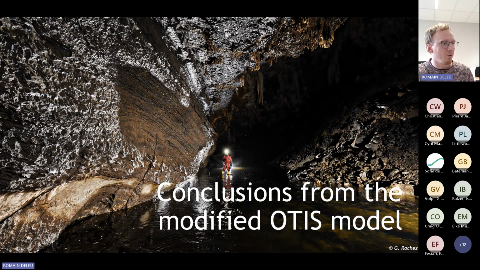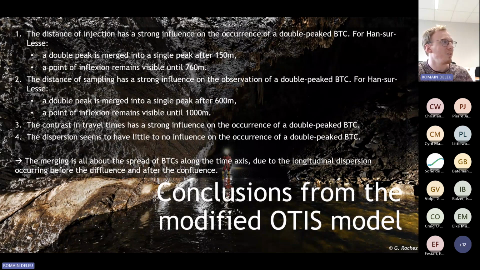So the conclusion from this modified Otis model is that the distance of injection has a very strong influence on the occurrence of a double peak breakthrough curve. And for En-sur-Lesse, specifically, the double peak is merged into a single peak after about 150 meters. But a point of inflection remains visible until about 760 meters.